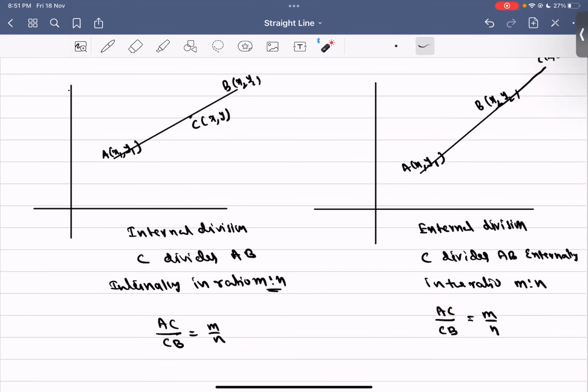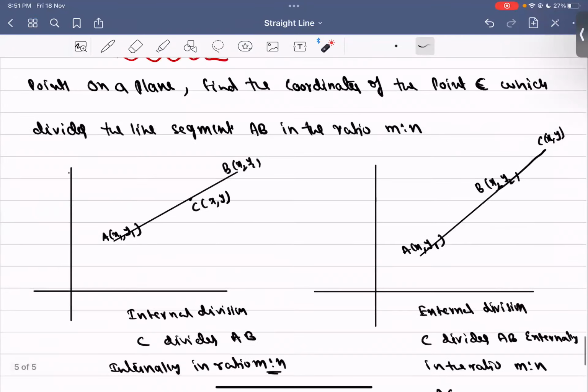Now I will derive the formula for internal division. If 2 points A (x1, y1) and B (x2, y2) are given and the division ratio m and n is also given, then how to find the coordinates of this internal division point?